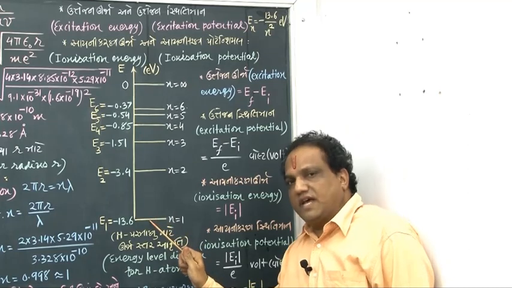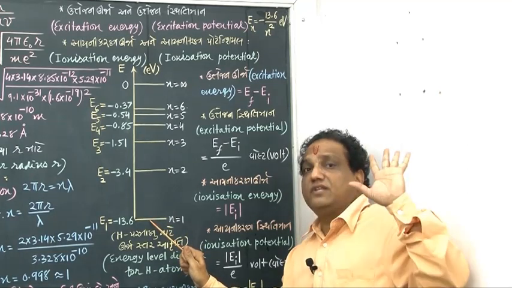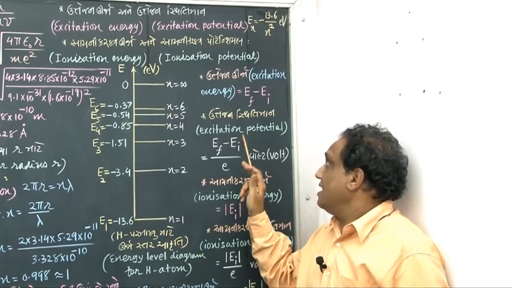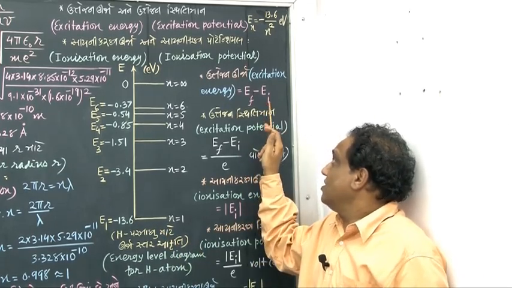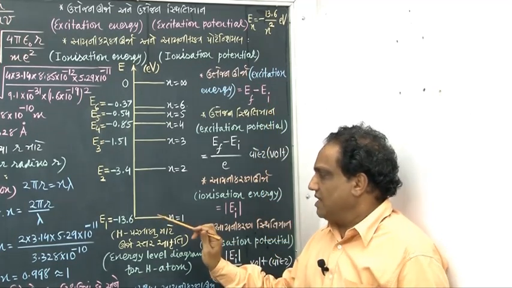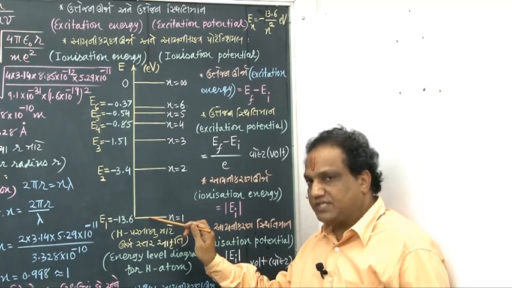If an electron is lying in any energy level, say in the ith energy level, having energy EI, where I means initial, and suppose that initial energy level is this.